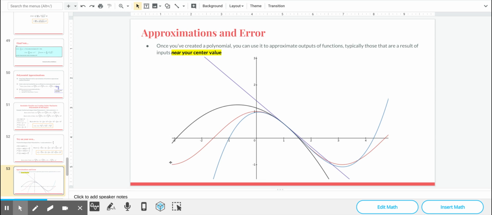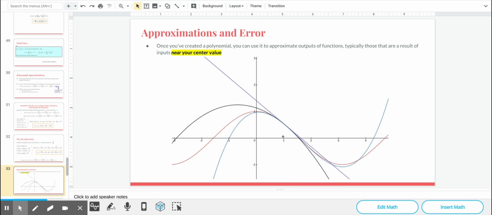If you take cosine, which is this red curve, all right, so this is the actual cosine curve. This is cosine of x. And then you start building successive orders of Taylor polynomials. This purple line is the first degree Taylor polynomial of cosine. And then the second degree and the third degree, so on and so forth.